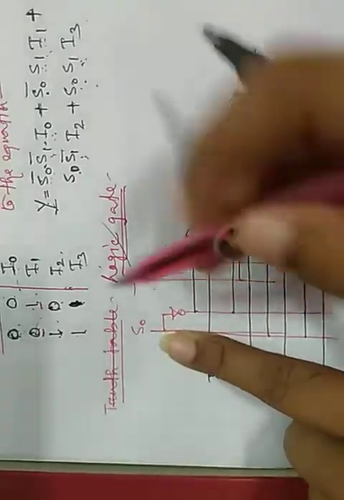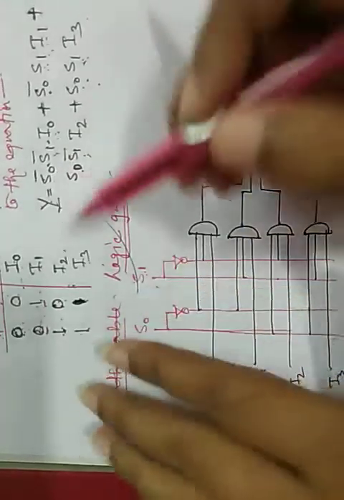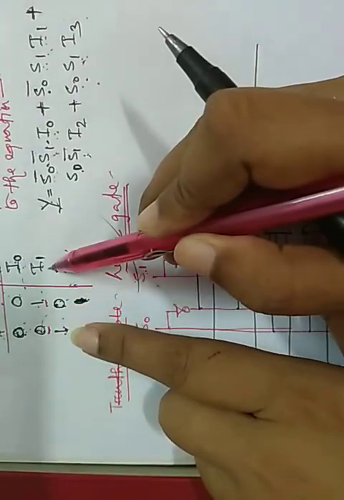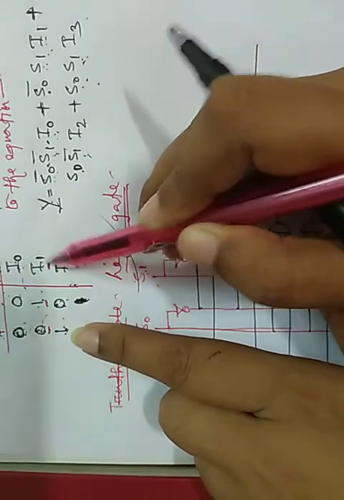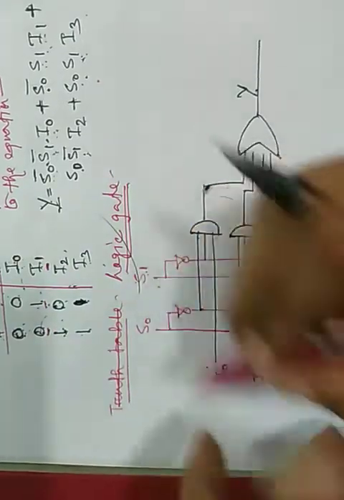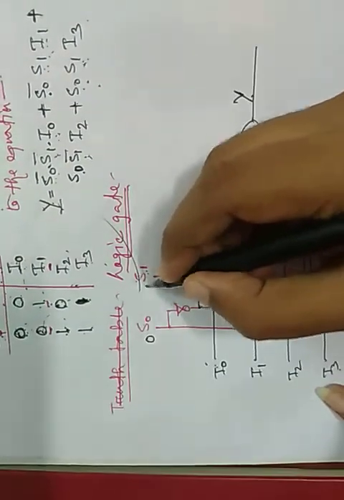Now why we use this expression, I am giving you one example, just follow it very minutely. Suppose we want to select I1. Our selection line must be 0 1, so here S0 is 0 and S1 is 1.